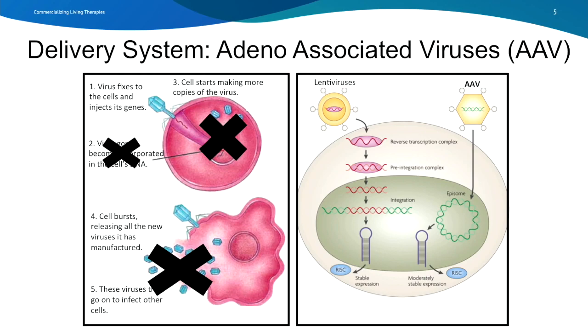But ultimately, its genome remains episomal, and so it does not integrate into the host genome. As a result of this, we're able to have gene expression, and because the replication genes have effectively been taken out of that virus, that capsid protein, we do not have replication in vivo.